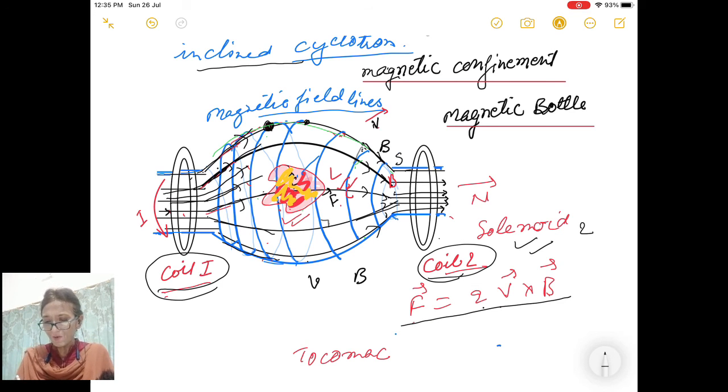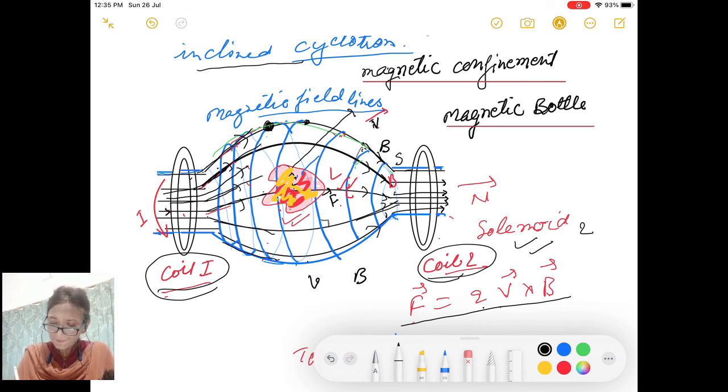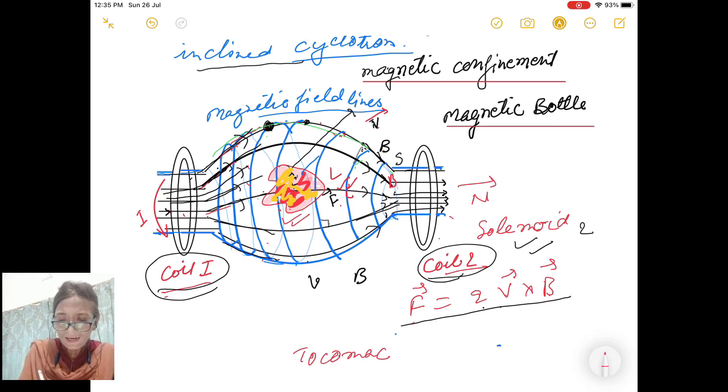Lorentz force is equal to q V cross B. So suppose this material tries to come out from this very place with velocity V. Here the magnetic field is directed along the tangent of the magnetic field line. So if you take the cross product of V and B, taking V as the first vector, the magnetic force will be acting downward. So when the object tries to come outside, it is forced to go inside only.